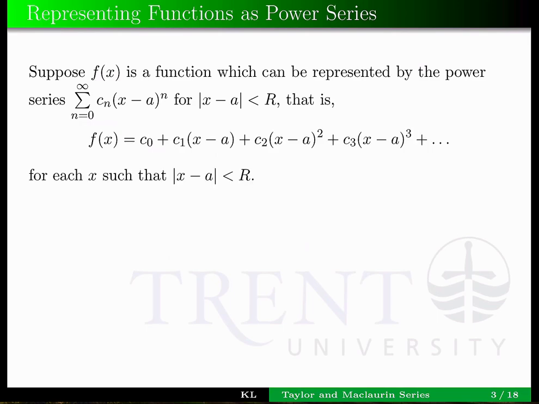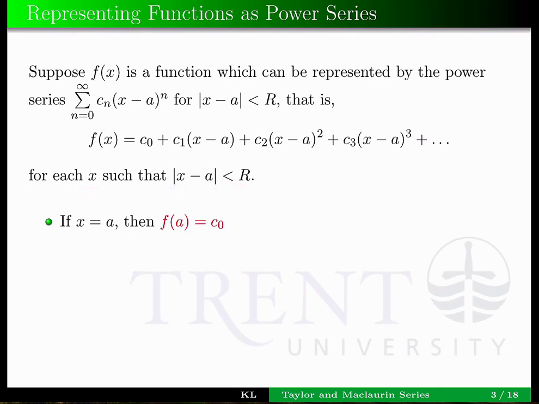Now, if we expand our f of x in the form of the power series, then f of x is equal to c0 plus c1 (x minus a) plus c2 (x minus a) squared plus so on and so forth, for each x such that the absolute value of x minus a is less than r.